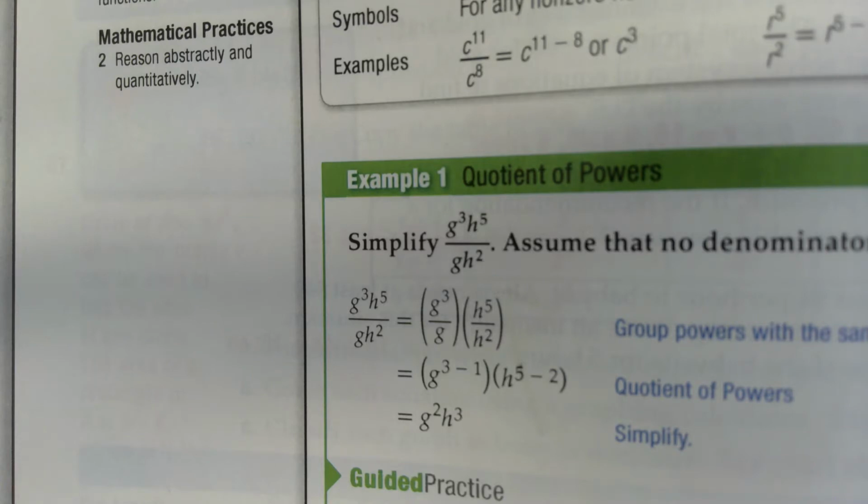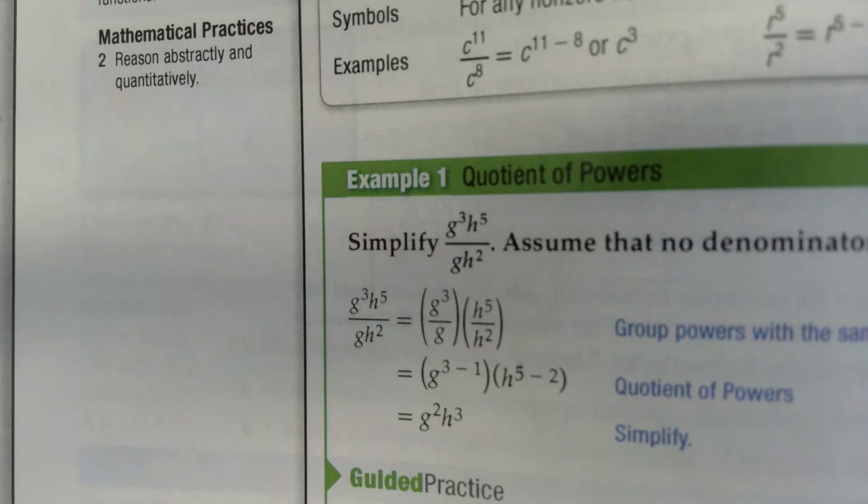Now this is very important to write down inside your journal. I'm going to write it right here. Subtraction happens in the numerator. What's the numerator?